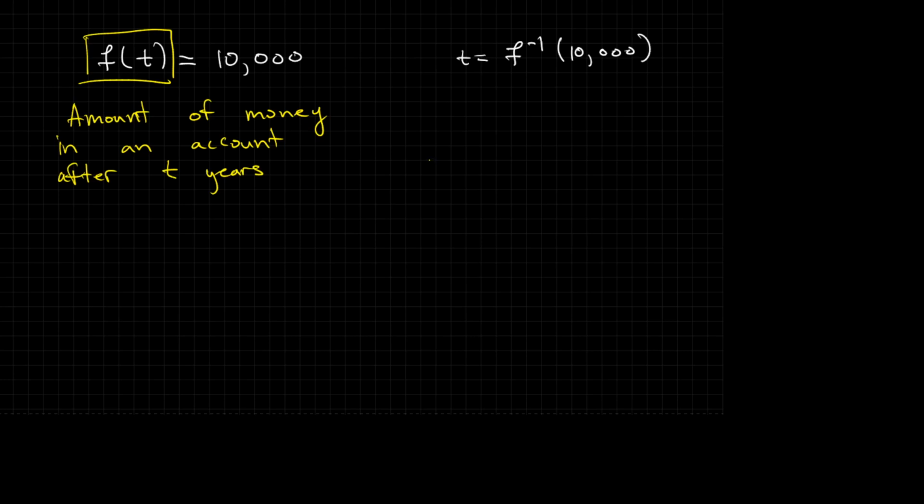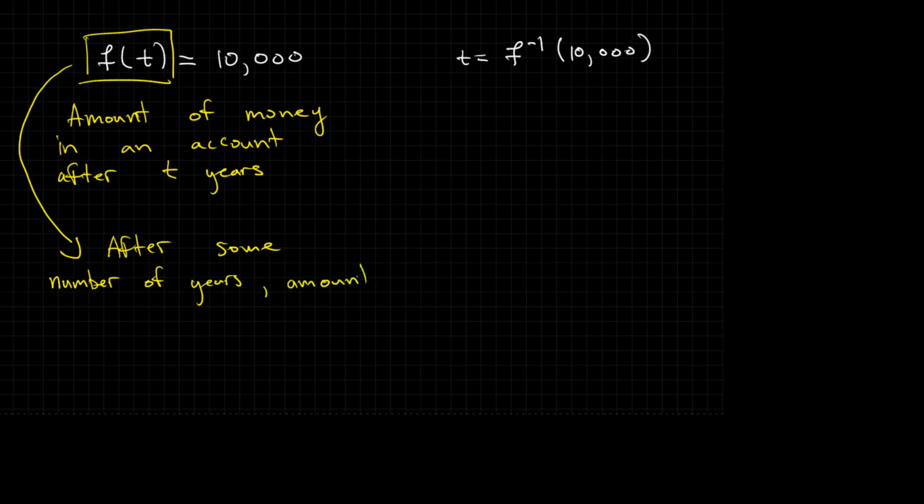If that's the case, then saying f of t equals 10,000, in words that is saying, after some number of years, the amount of money in your bank account is $10,000.